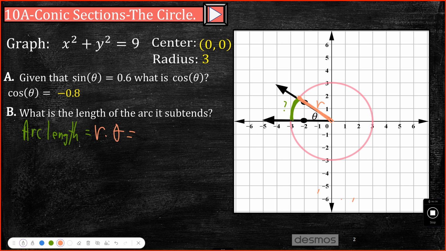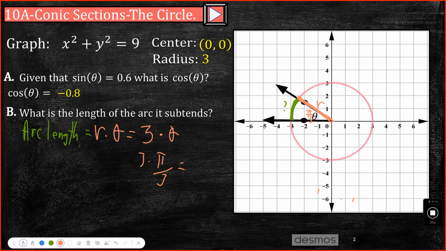R times theta. So r is 3. And if we knew the theta, then we would just multiply by theta if it's in radians. If theta was, I'll make up a number, pi by 3, the angle, 60 degrees, then you just multiply 3 times pi by 3.